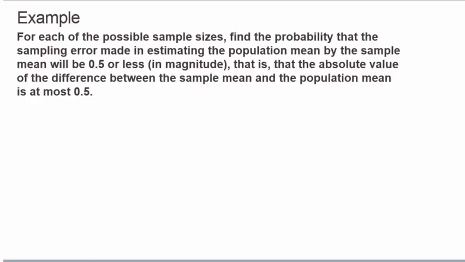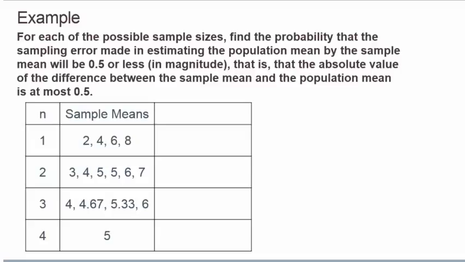So we start with our table where we have our sample size n and our sample means that we found earlier. For n equals 1, we have the means of 2, 4, 6, and 8. N equals 2, 3, 4, 5, 5, 6, 7, n equals 3, 4, 4.67, 5.3, 6, n equals 4 is 5.